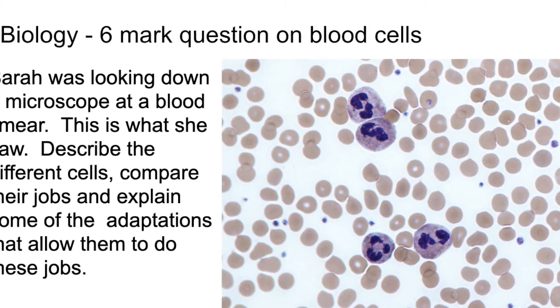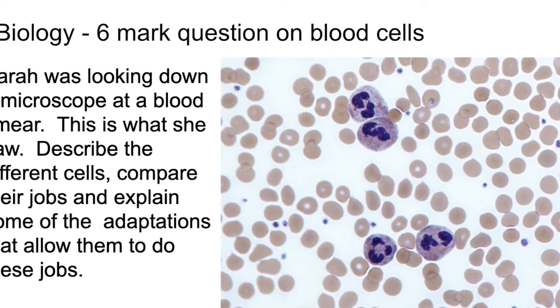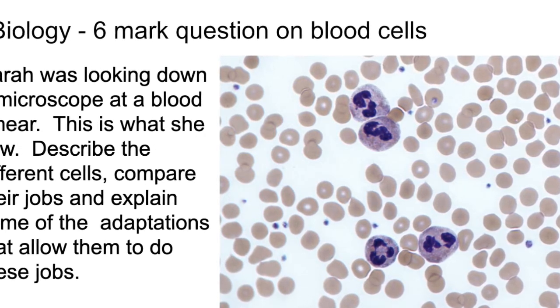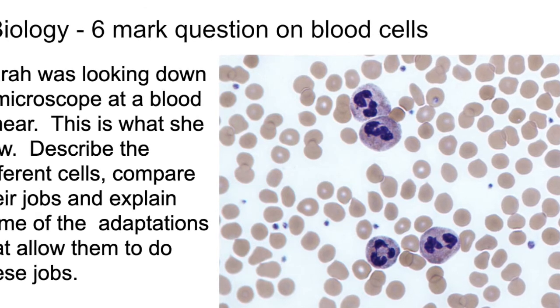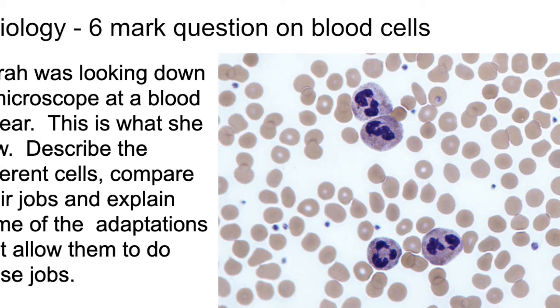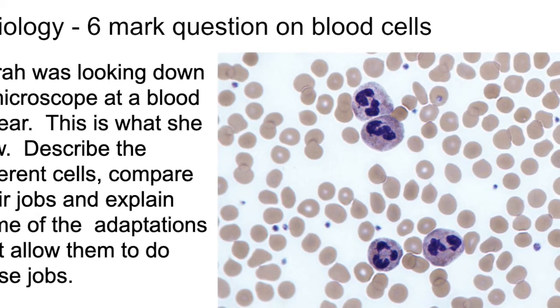And the question asks you to explain some, not all, some of the adaptations. So look at the job of perhaps the red blood cell, and can you identify special features of that red blood cell that allow it to do this job better?